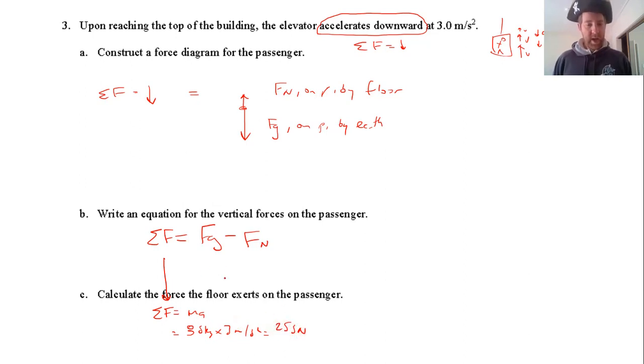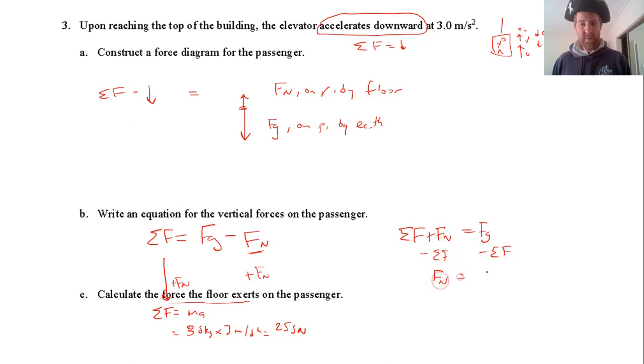And I'm after the force the floor exerts on the passenger, so I'm after this one here. So what I might do is add Fn to both sides. So then I get total force plus Fn equals Fg, and then I might subtract total force from both sides. So now I have Fn equals Fg minus total force.